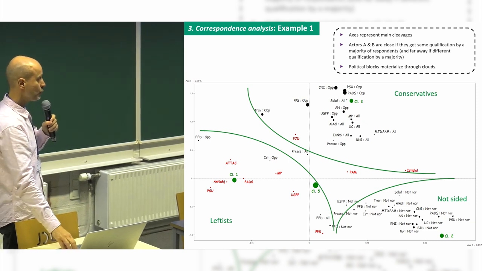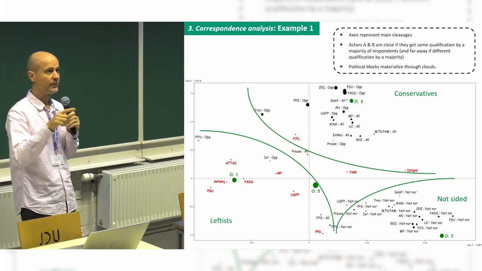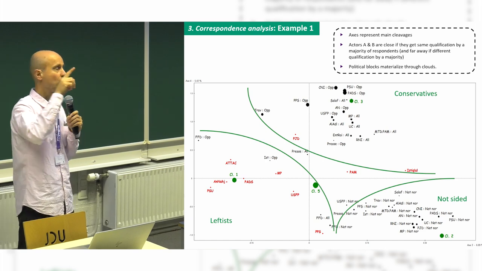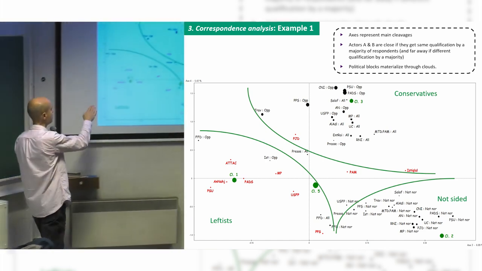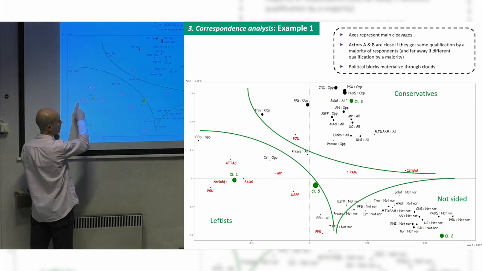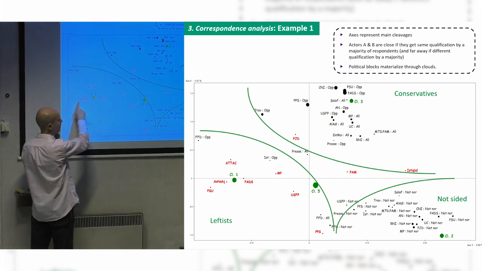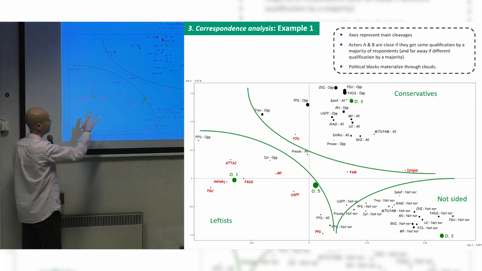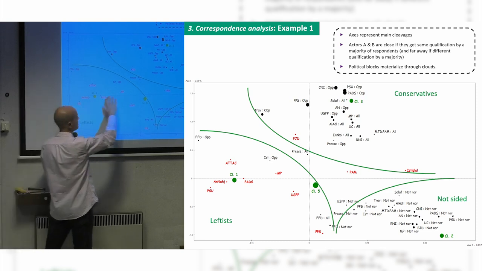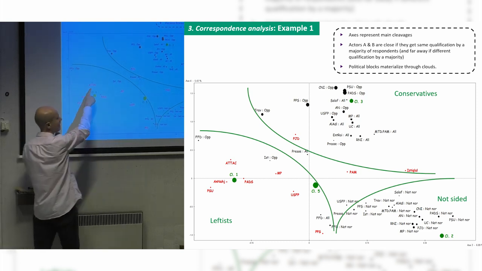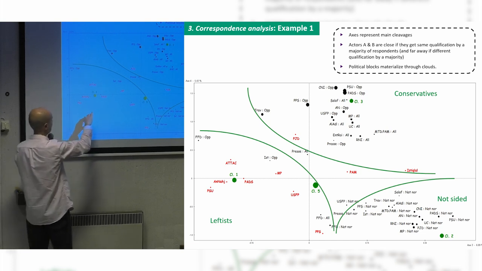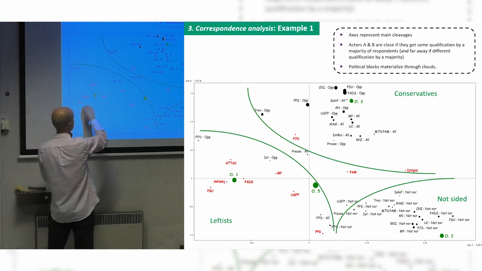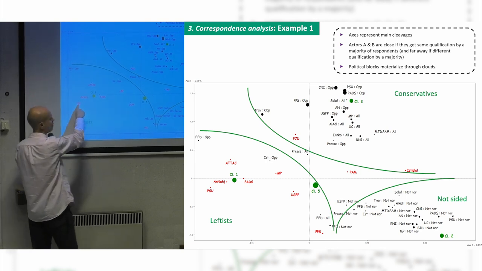But you can project ellipses of confidence for each of the red dots here, so the parties you belong to. And you can see where they stand. I don't have the time, obviously, to explain these different things, but you can see Attack here, which at some point was a major actor in that Moroccan party space, and some leftist S is for socialist here.